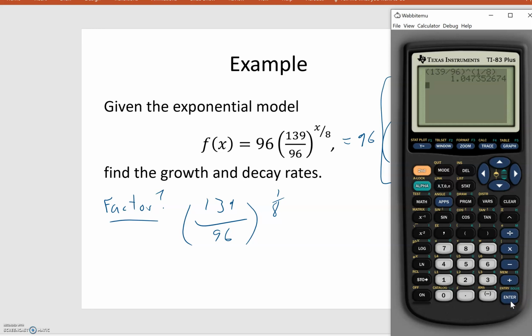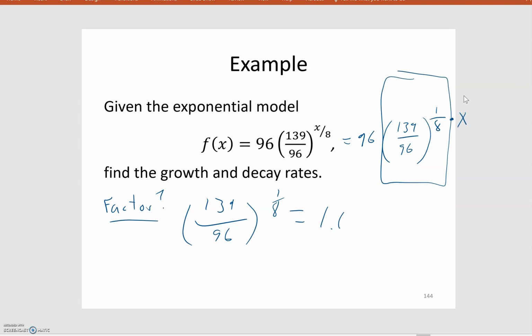So we are actually looking at a true growth model. So this is actually growing, and I know that because 1.047 is bigger than 1. So let's call that 1.047. So this is the growth factor.